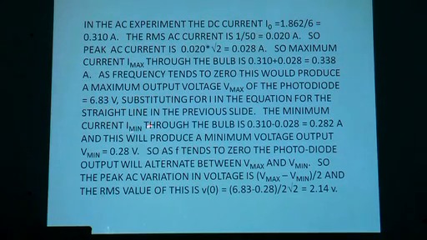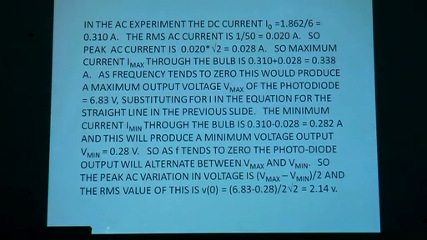The minimum current through the bulb is 0.310 minus 0.028 or 0.282 amperes. Substitute the square of the current in the equation for the straight line, that will produce a photodiode output of 0.28 volts. So as f tends to 0, photodiode output will alternate between V maximum and V minimum.